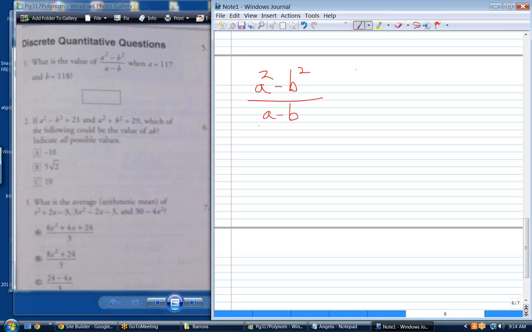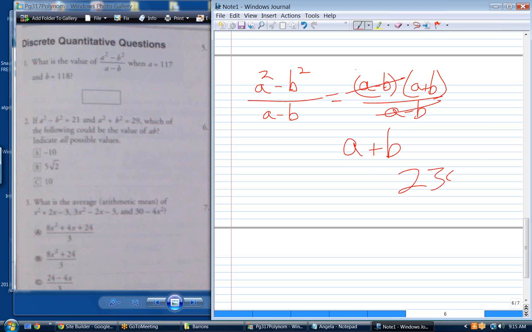As opposed to, you could plug in 117 under the calculator and go through everything. But that would be the harder way to do it. It's going to be easier if you know how to factor that quickly. It'll be easier doing it this way. And it's a plus b, 235.